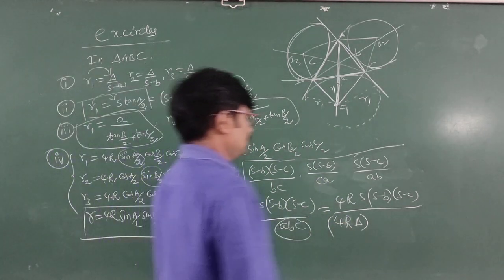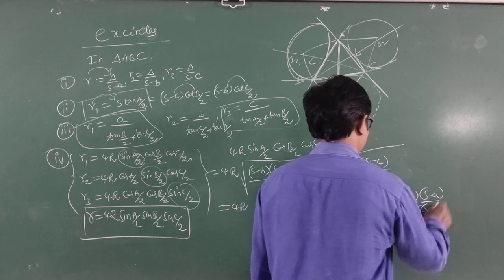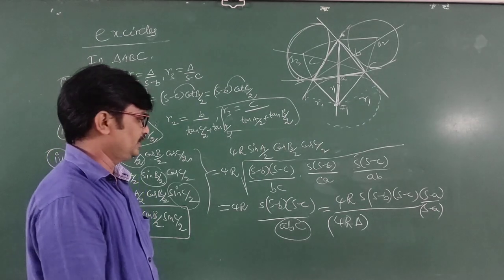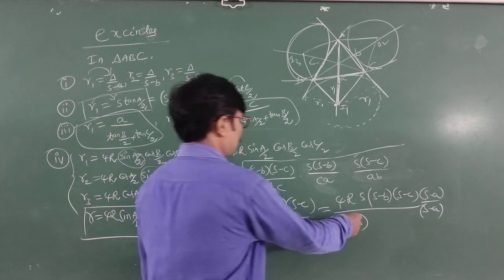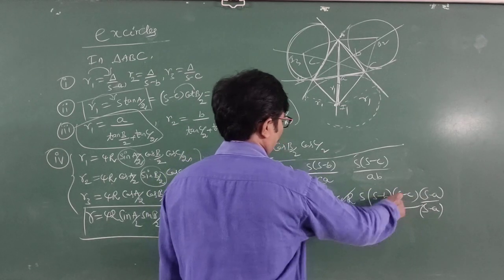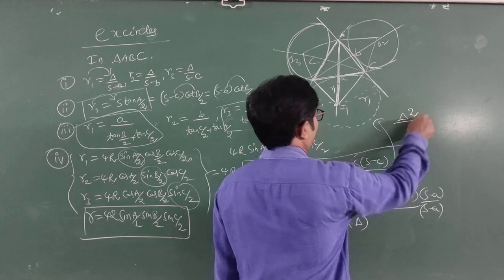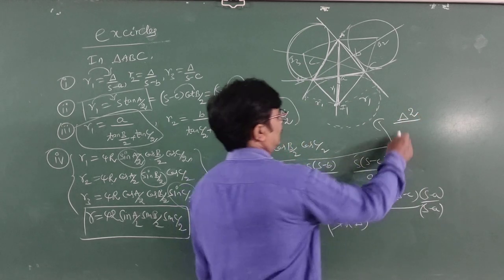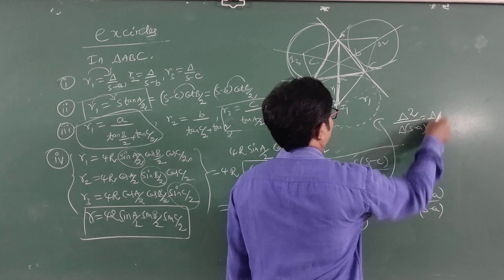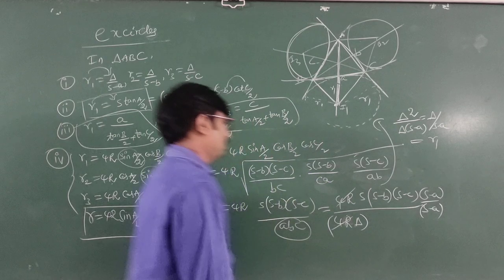So dear students, we are taking s minus a upon s minus a. What did we observe here? 4R is cancelled. The numerator is s into (s minus a) into (s minus b) into (s minus c), which is nothing but delta square. So there is delta into s minus a. This is what, students? Delta by s minus a is nothing but r1.